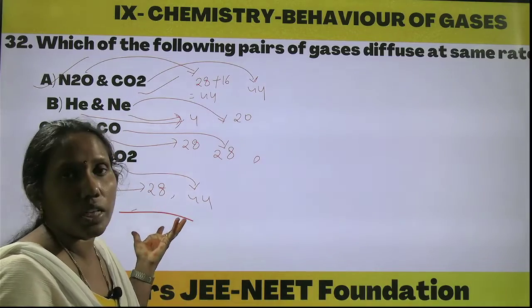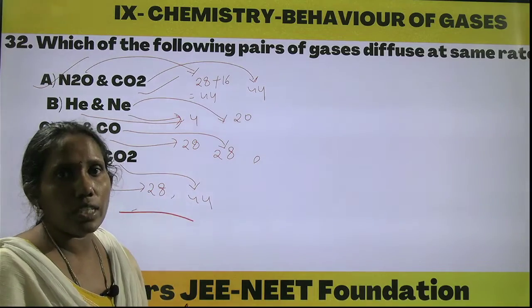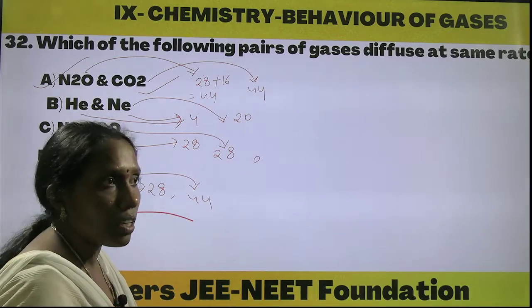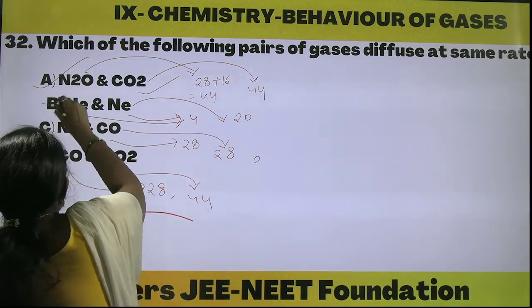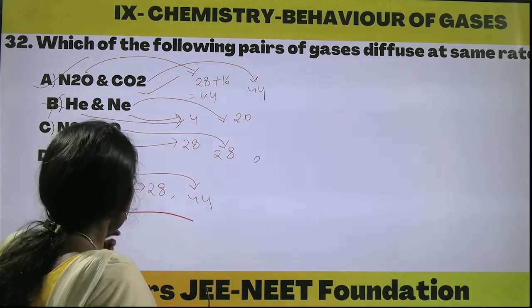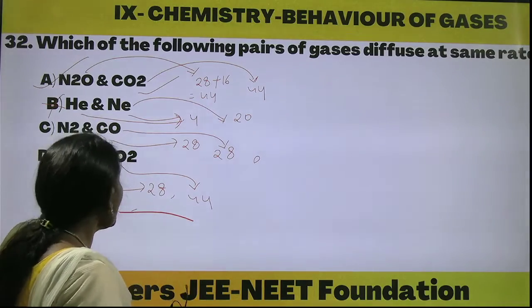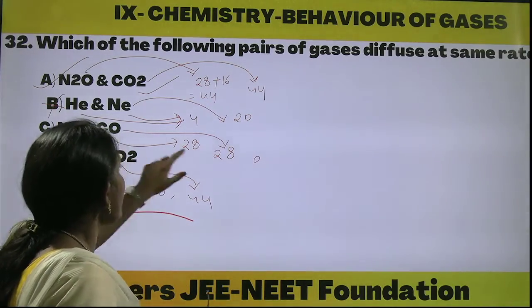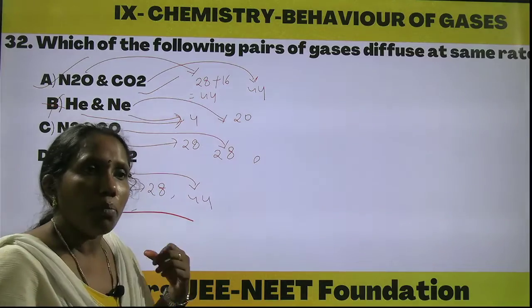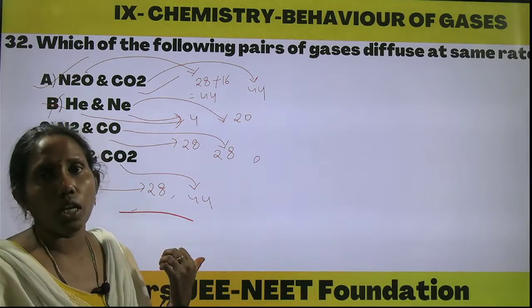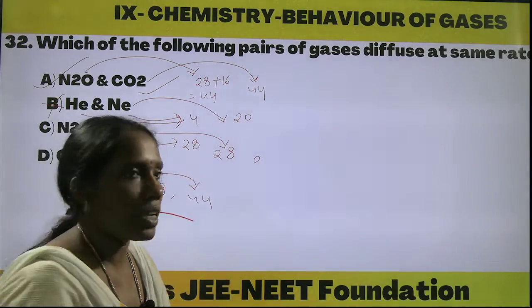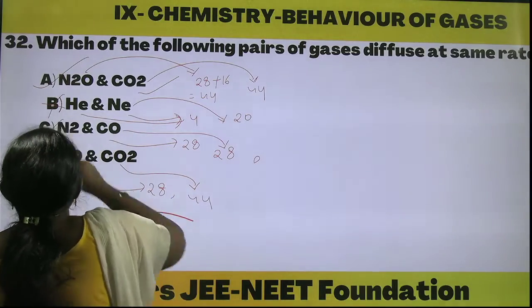Their molecular weights are different, so they will diffuse at different rates. So B is not correct. N2 and CO: for N2 it is 28, for CO also it is 28. Both have the same molecular weight, so they will diffuse at the same rate.